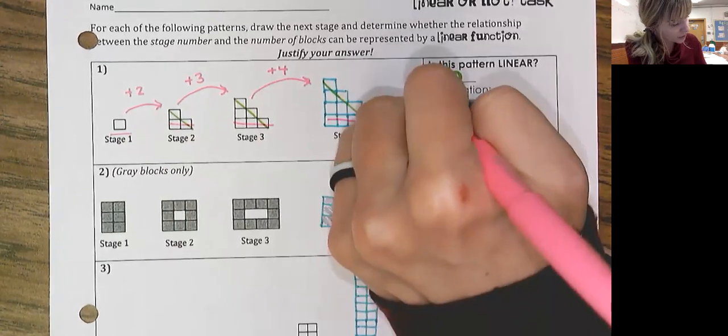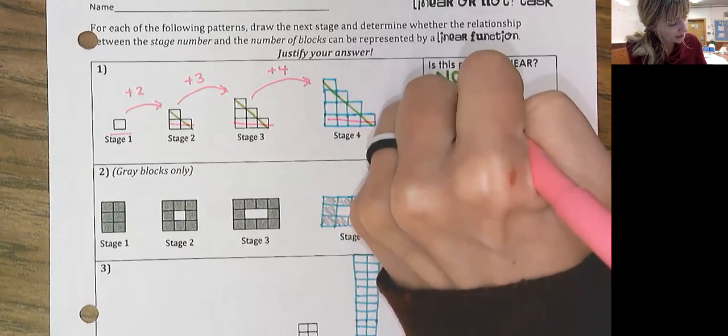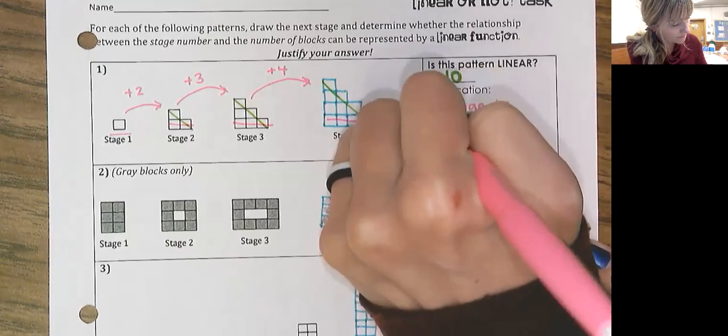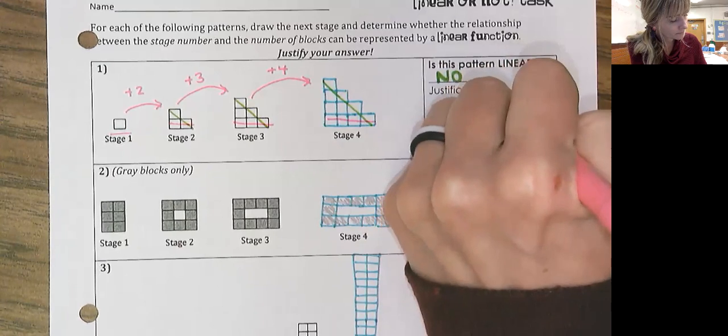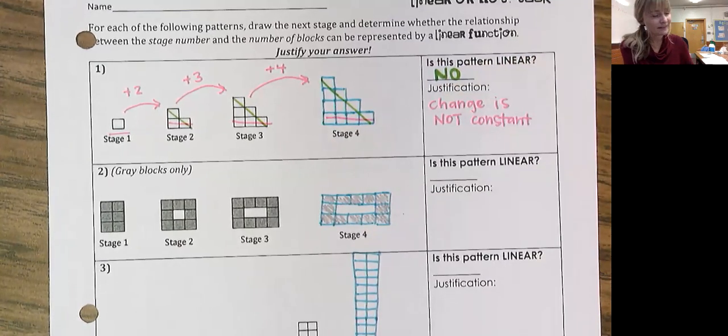The justification here is that the change is not constant. Meaning they added something different every time. They did not keep a constant change.